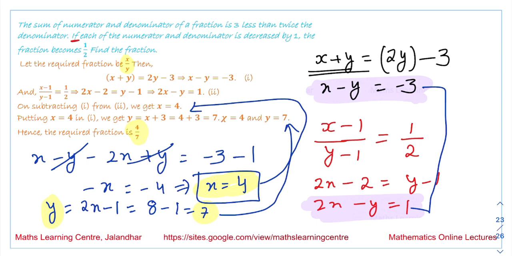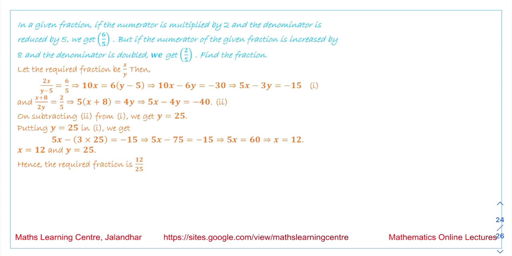Now in this next question it is given that in a given fraction, if the numerator is multiplied by 2 and the denominator is reduced by 5, we get 6 by 5. So let the given fraction be x by y. We are saying the numerator is multiplied by 2 and the denominator is reduced by 5.